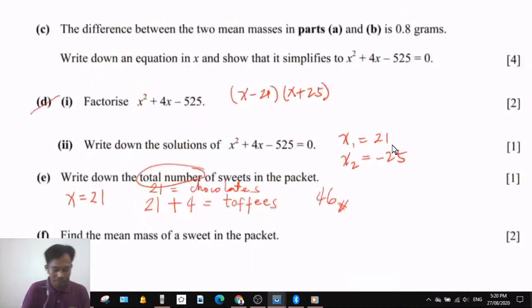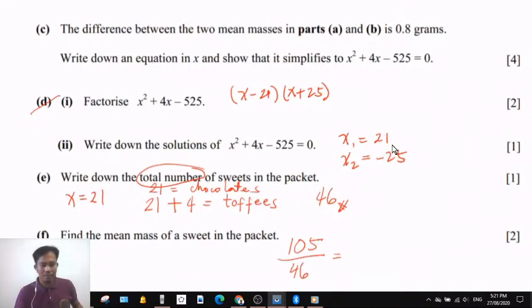Okay. Next. Find the mean mass of a sweet in the packet. So if I have a total number of sweets of 46, I'll have 105 divided by 46.